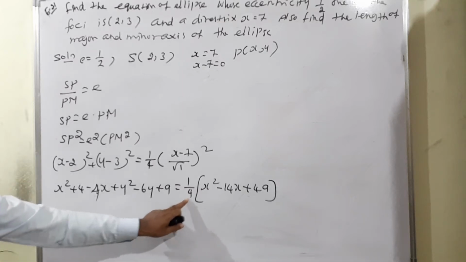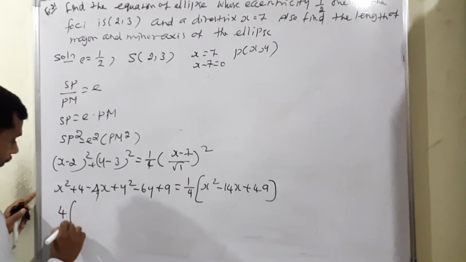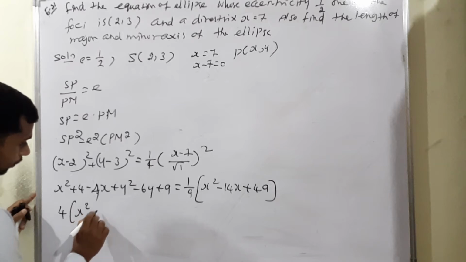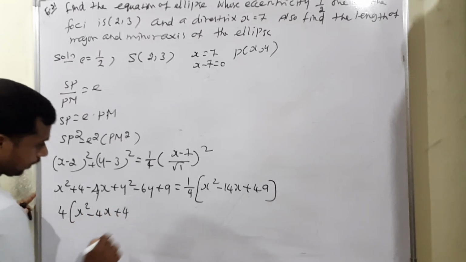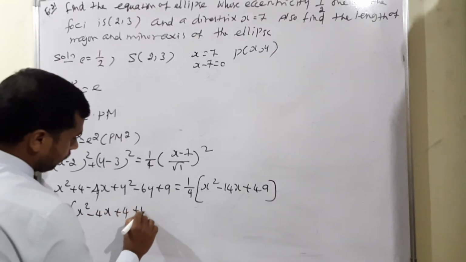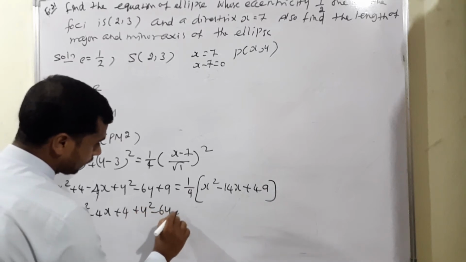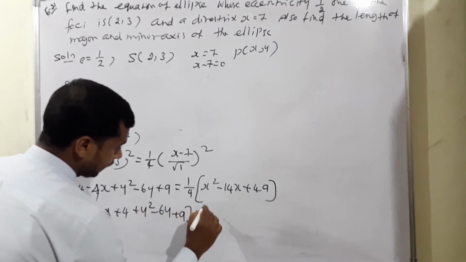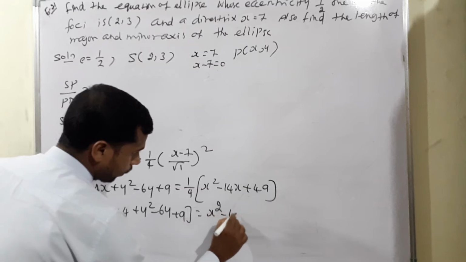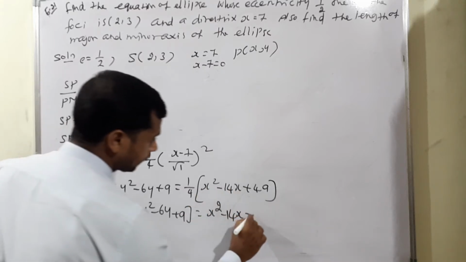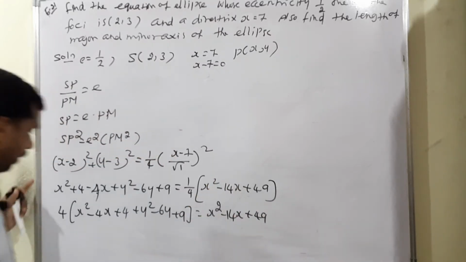Now 1 by 4 is there, so cross multiply: 4 into (x square minus 4x plus 4 plus y square minus 6y plus 9) is equal to x square minus 14x plus 49.